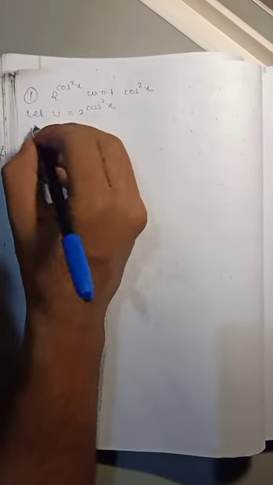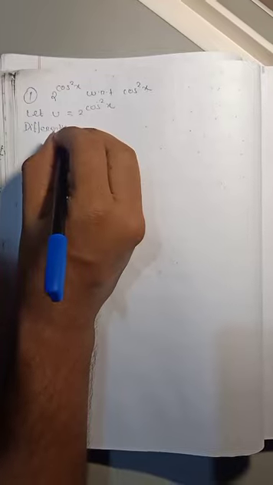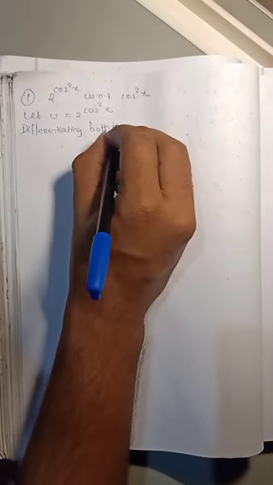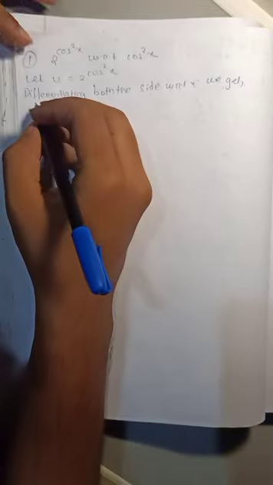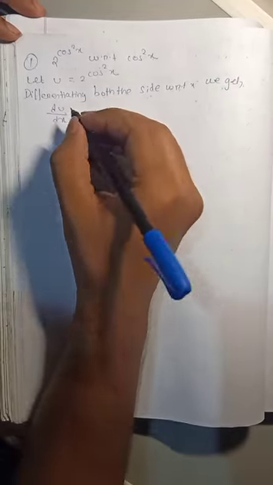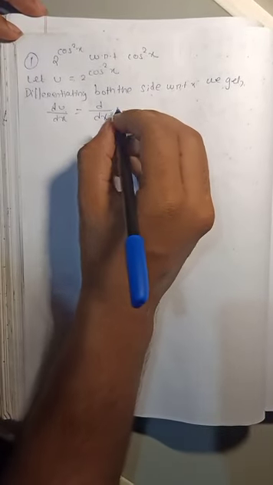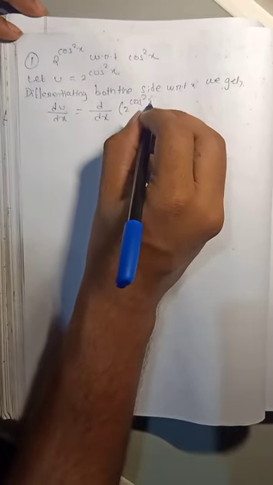Differentiating both the sides with respect to x, we get du by dx is equal to d by dx of 2 to the power cos square x.